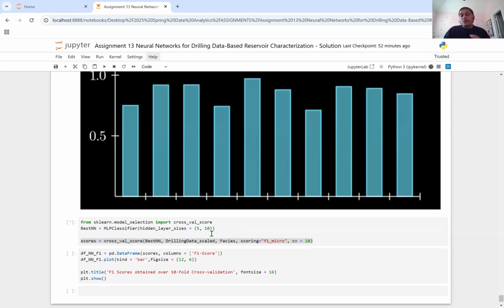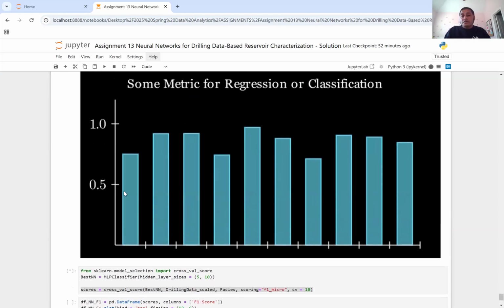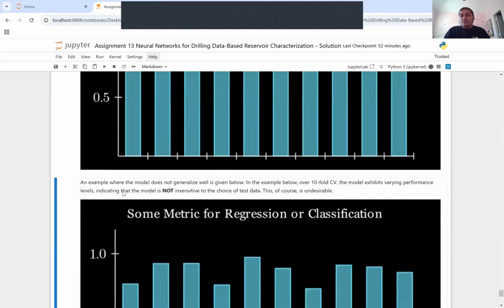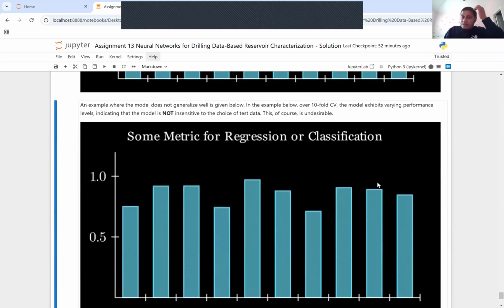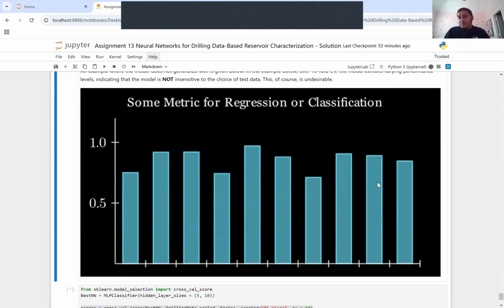Once this is done, we're going to plot the F1 scores associated with each one of the 10 different folds, or the tests against each one of the 10 different folds, and check and see if the model performance is more or less associated with low variability across the 10 folds, or whether it's associated with relatively higher variability across each one of the 10 folds.